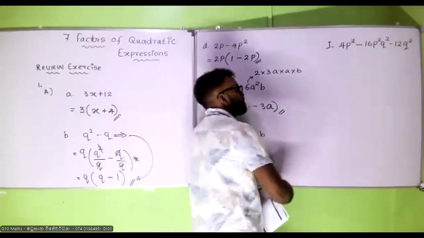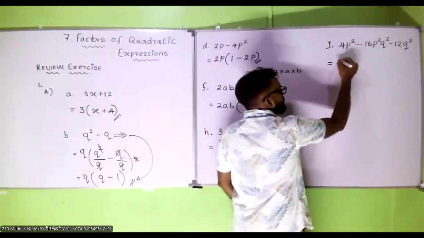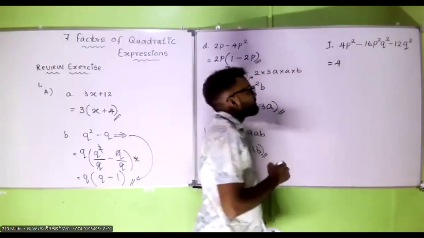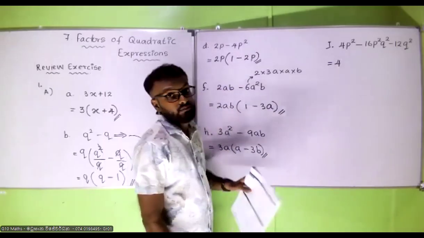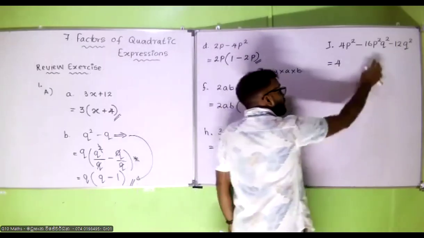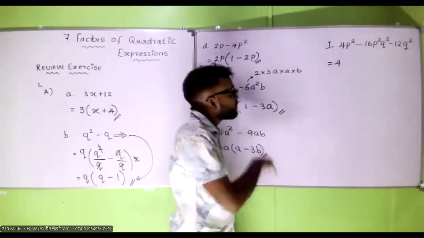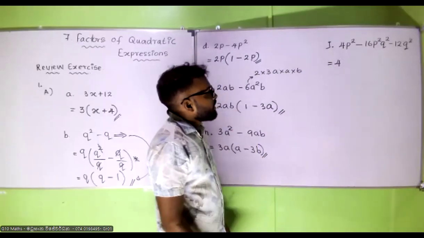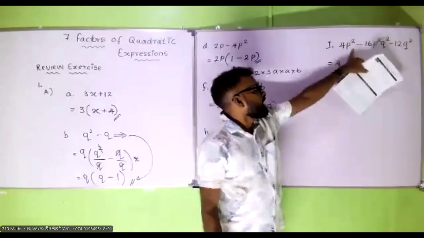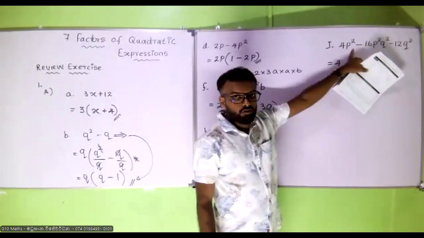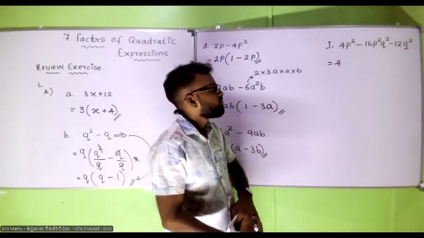So 4 is the common factor from the numbers. And what would be the term? Here you have p to the power 2, q to the power 2, and here also you are having q to the power 2. But here you do not have any q terms, so you can take what?